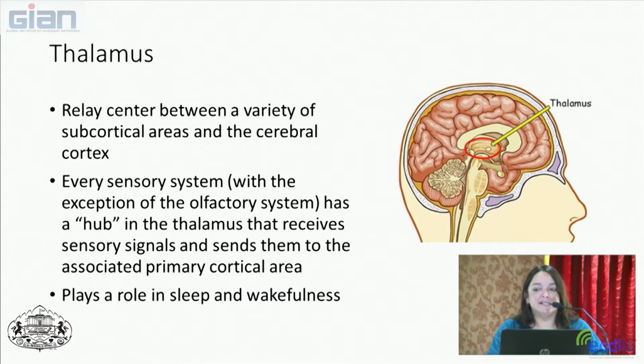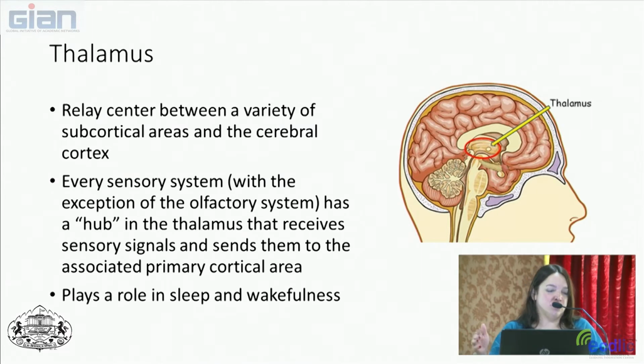The thalamus is a very interesting part of the brain because it's sort of like the cell phone tower of the brain. So all the sensory information, except for the olfactory system, comes through this thalamus. So it's sort of a relay center between a variety of subcortical areas and the cerebral cortex.